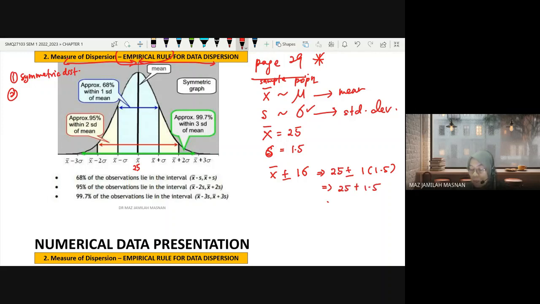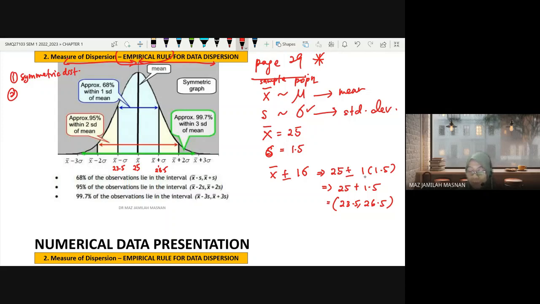So you will have 26.5 for the upper value, and the lower value would be 23.5. So you are talking about 23.5 until 26.5. That is one standard deviation.